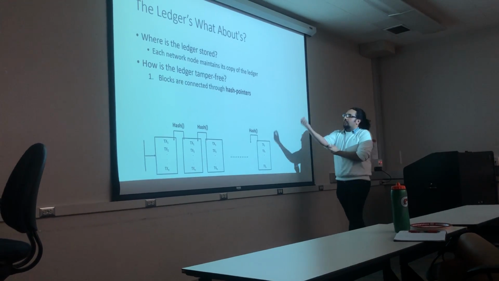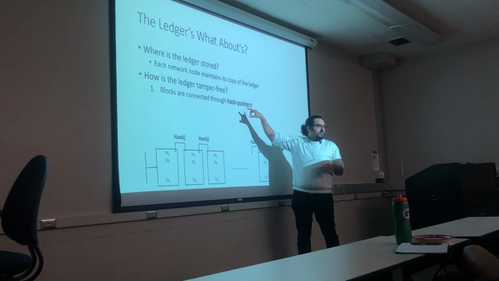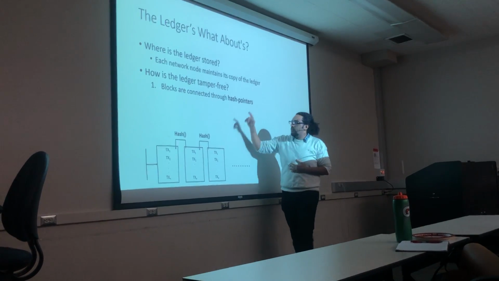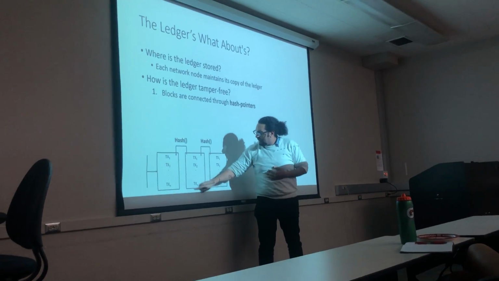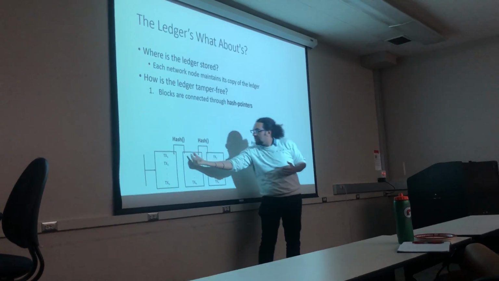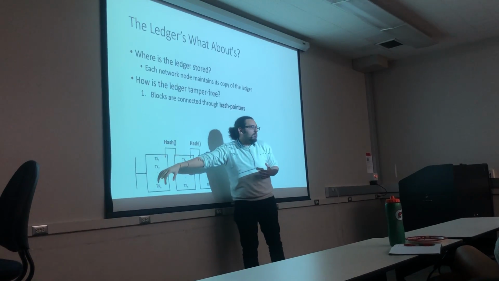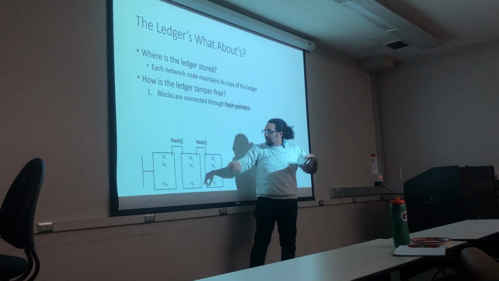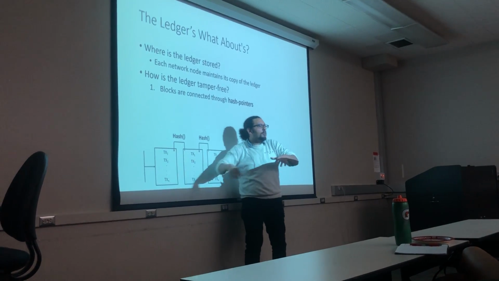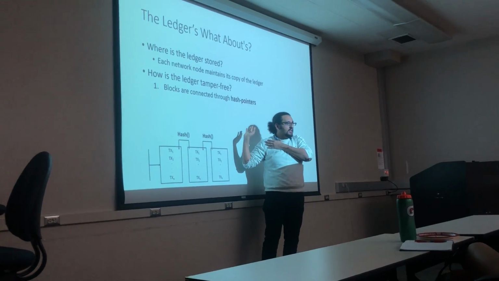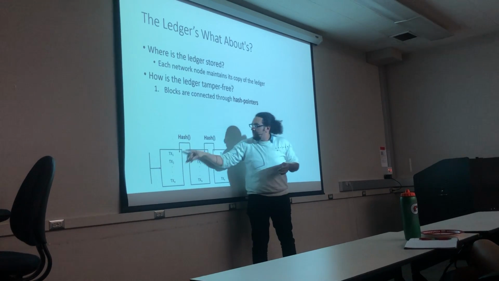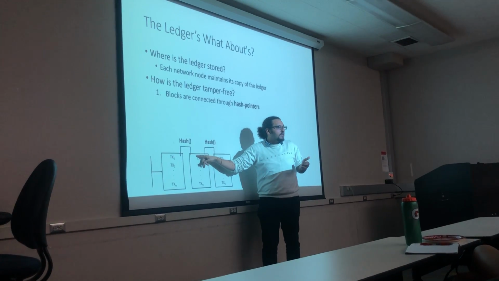So blocks are connected through what we call hash pointers. Again, using hashing. What hashing is doing is, in this block, I'm going to store a field that has the hash of the previous block. Remember from hashing, if you change anything in the input, the output of the hashing is completely different, right? So if anyone tampers with the content of this transaction, the hashing here will not match.